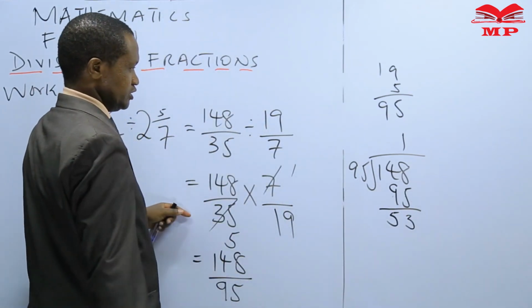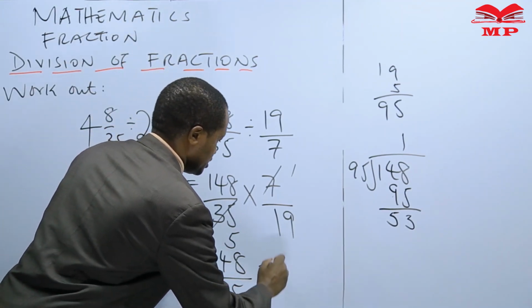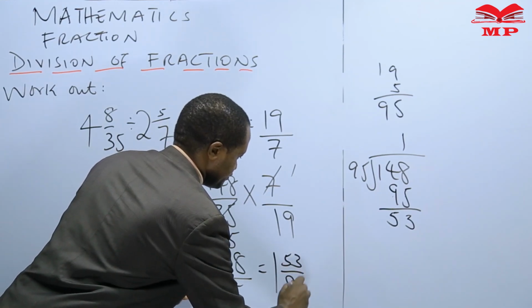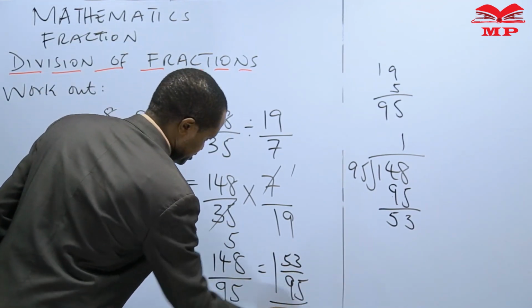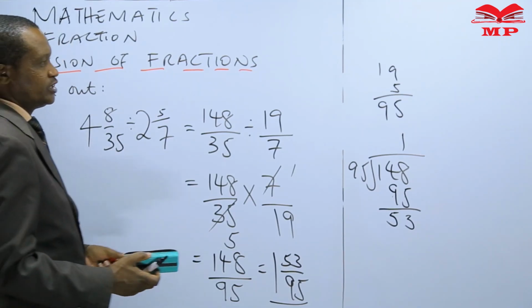Okay, which means the answer here is 153 over 95. So that is the answer. Are we together? Yes, we are.